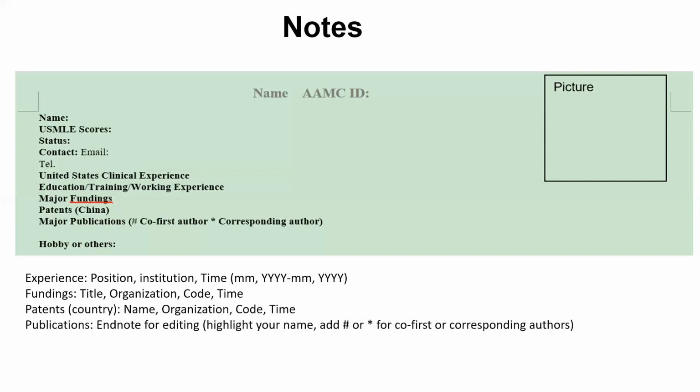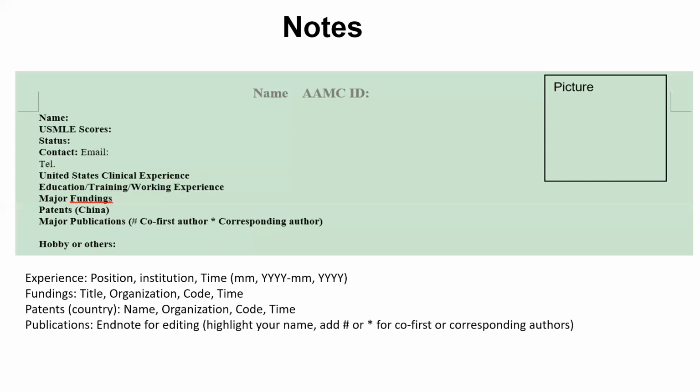You should always highlight your name in the publications and add a pound or star sign for co-first or corresponding authorship, if you have any. It's better to mention that.